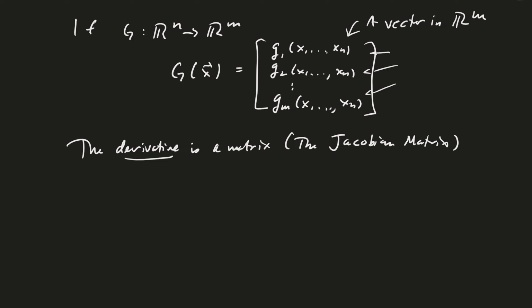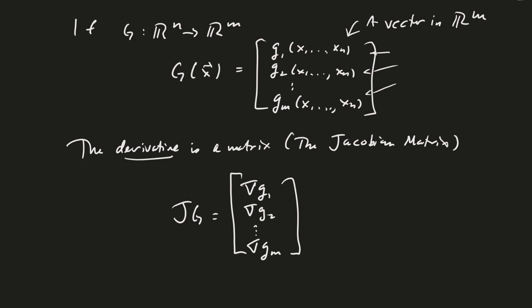And so the Jacobian matrix, I guess we'll just write JG for Jacobian of G. And so that's going to be the gradient of G1, gradient of G2, down to gradient of GM. And so what size matrix is this?